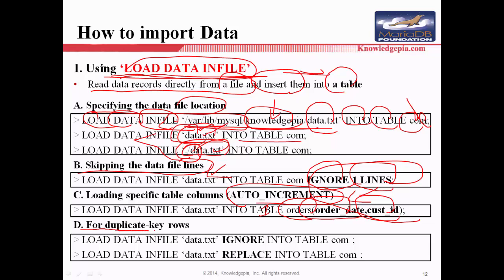D, for duplicate key loads. When we insert this kind of data, sometimes a key, like a primary or foreign key, can be duplicated by new data. In this case, we can use 2 kinds of options, IGNORE and REPLACE. IGNORE means if the data meets a duplicate key in the table, then ignore all new data and stop this process.